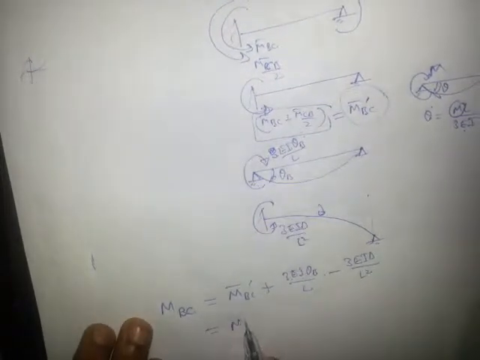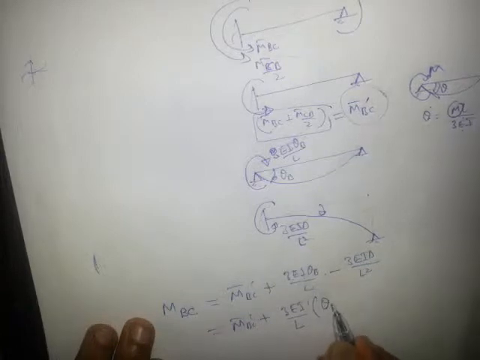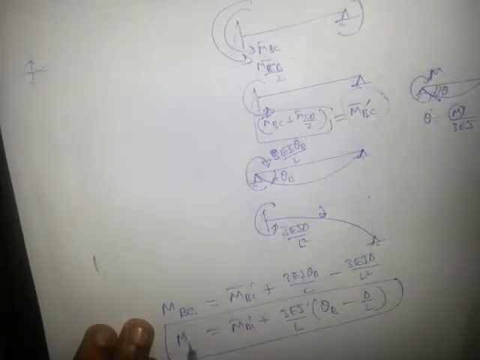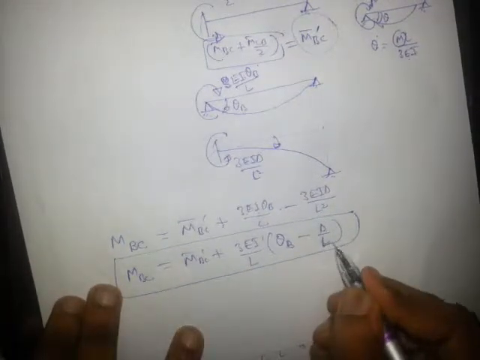So value will be M bar BC dash plus 3 EI divided by l times theta B minus delta divided by l. This is the most important equation, which is called the modified slope deflection equation.